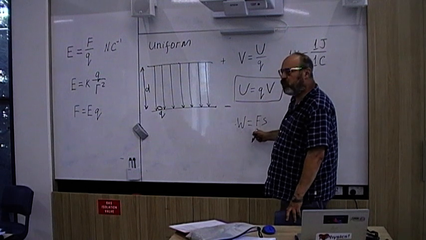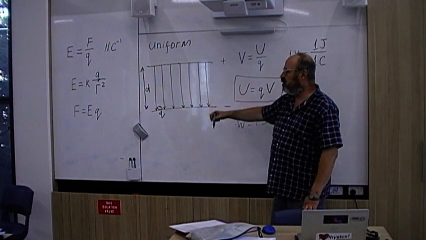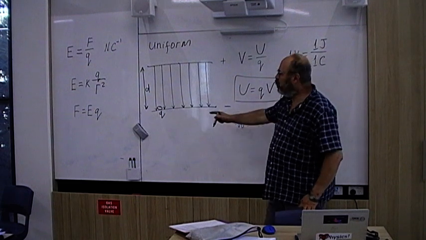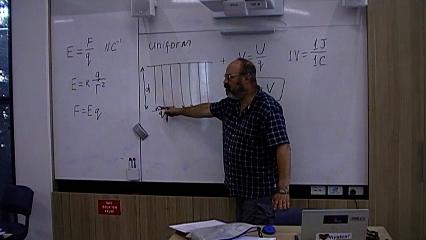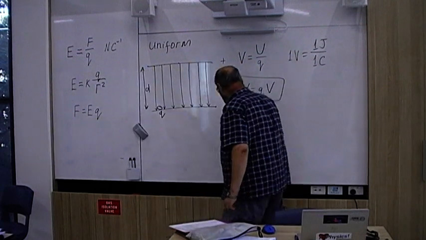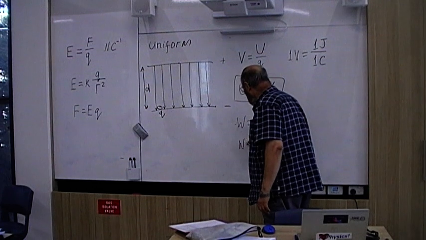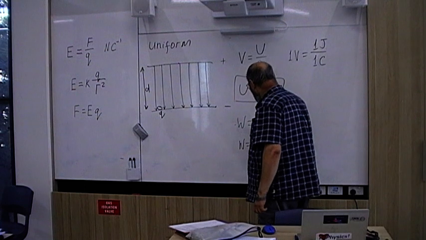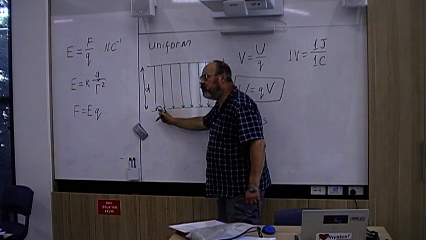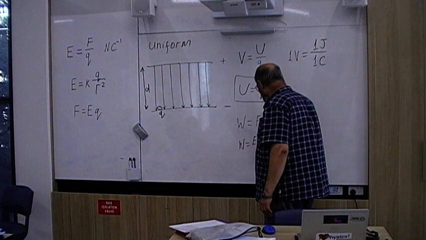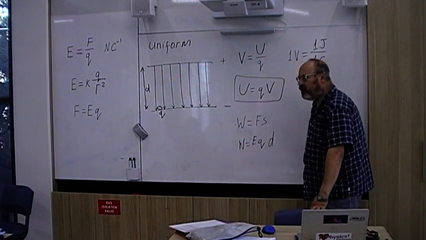What does the force equal? What is the force acting on the charge? Eq, electric field times charge. So we have work equal to E, q, and the distance we move it, what distance will we move it? d. So we will do work Eqd.